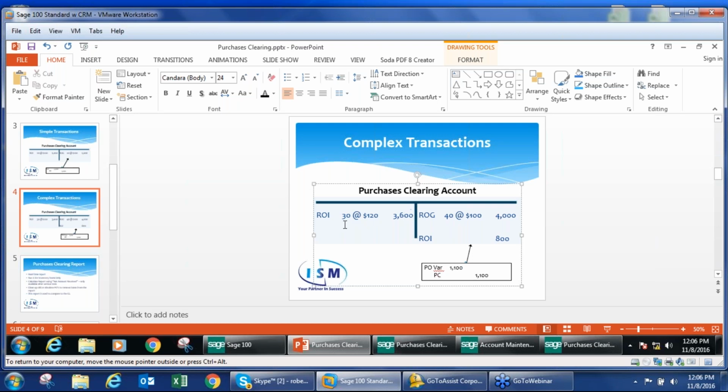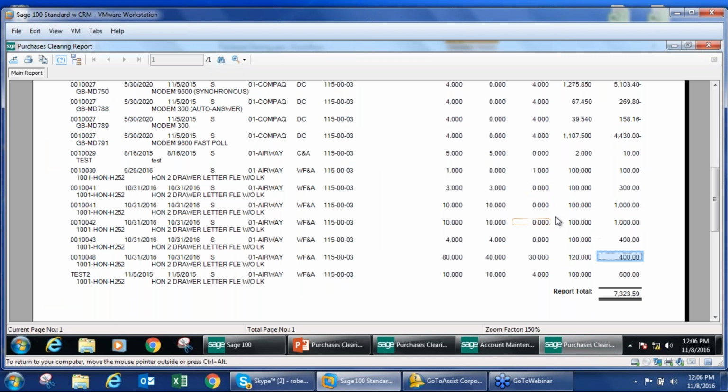Now remember, once we do a subsequent receipt or invoice to close this line item, Sage is going to go ahead and record our variance, and it's going to properly post the purchases clearing amount and move it off this report.